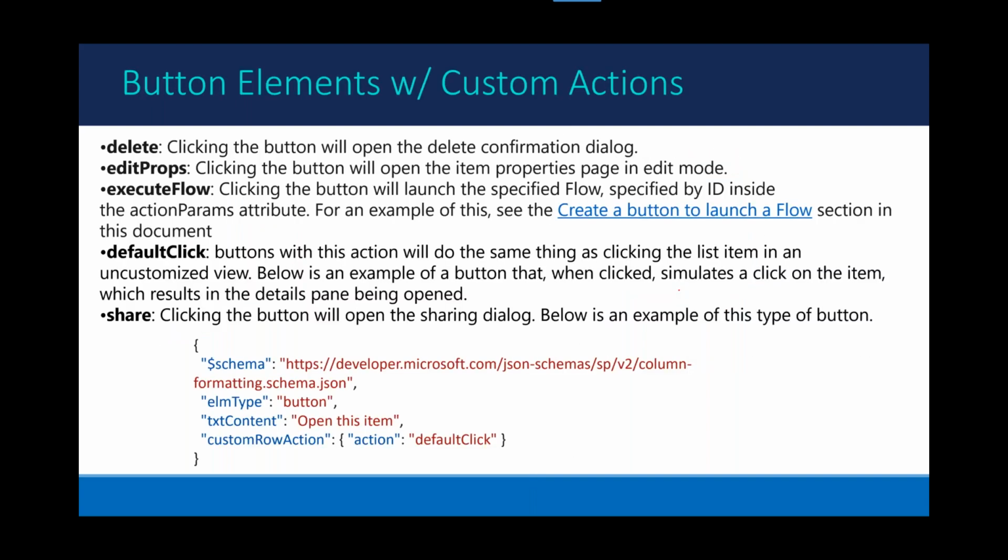The button element allows you to have some action executed whenever someone clicks on a field, and you can do delete, you can edit properties, you can execute flows, you can do a default click and a share. I actually like this one for flows because it can be a bit of a pain in SharePoint for the list.